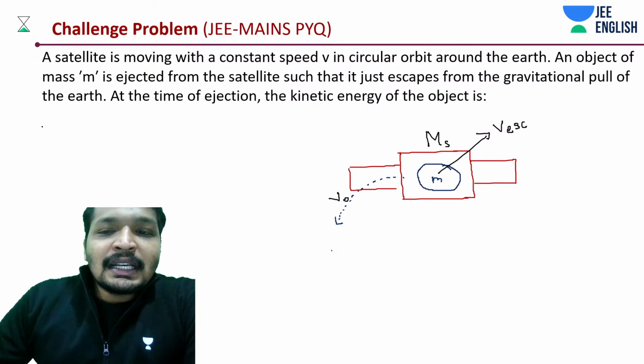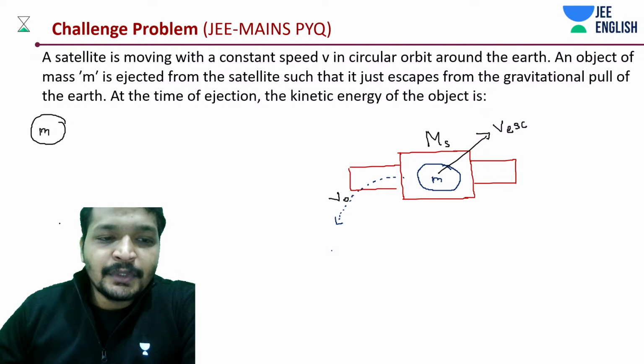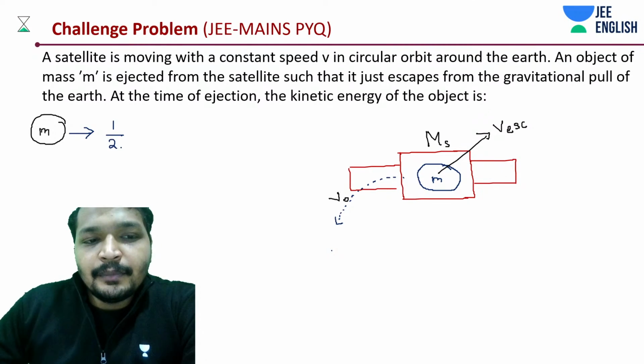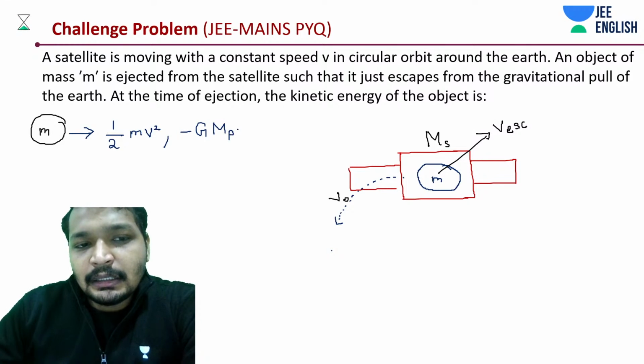So now, what is the kinetic energy of this object with mass m? Object with mass m is going to have a kinetic energy equal to half m v squared, where v is the orbiting speed, and potential energy of G M m, planet's mass, divided by r.